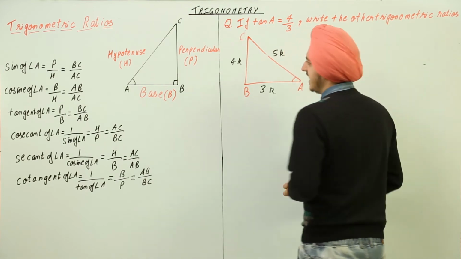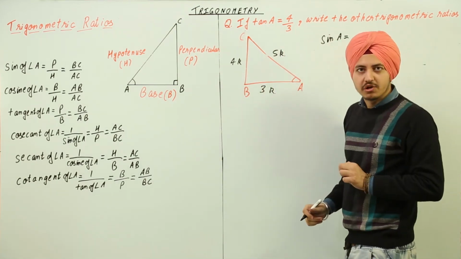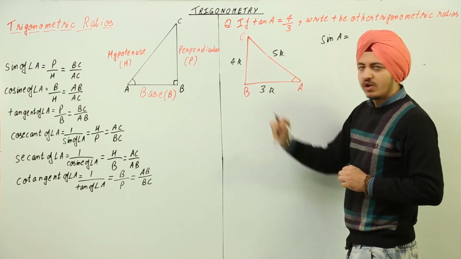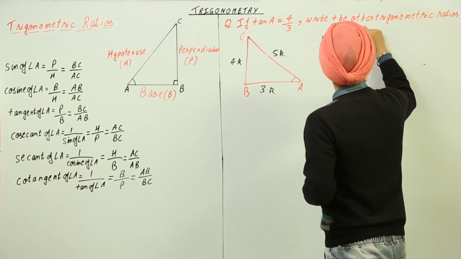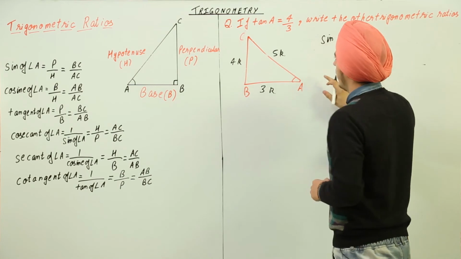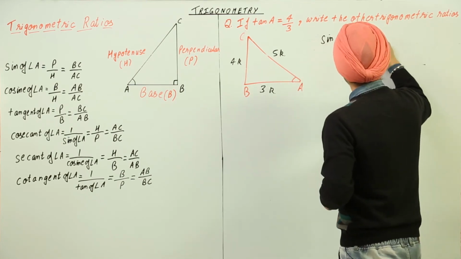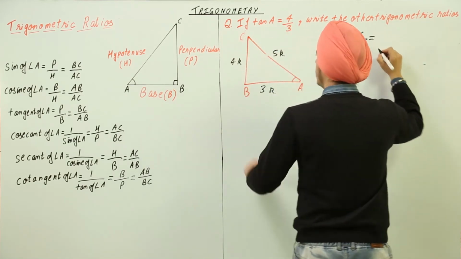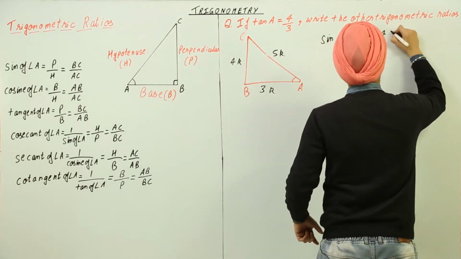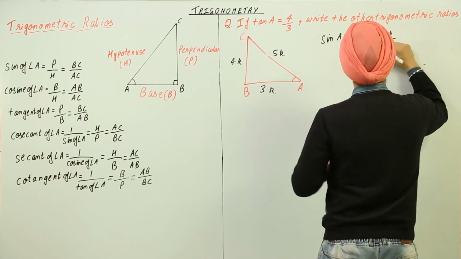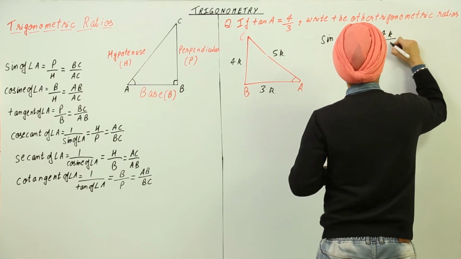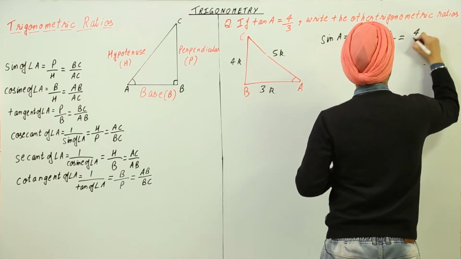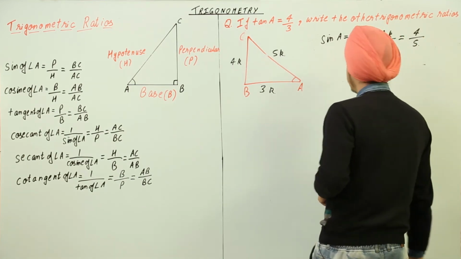Sine A is equal to perpendicular upon hypotenuse, correct? What is the perpendicular in this? It is BC upon what is the hypotenuse? It is AC. Am I correct? And this is equal to BC is 4K, and the hypotenuse AC is 5K. So this ratio is equal to 4 by 5, correct?